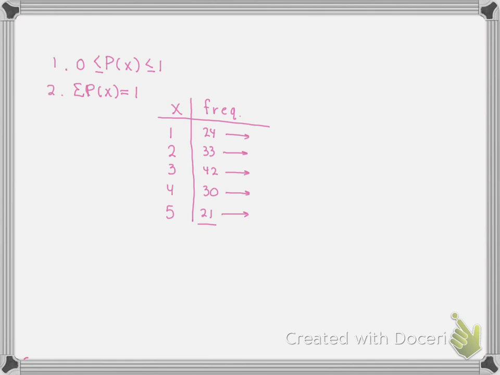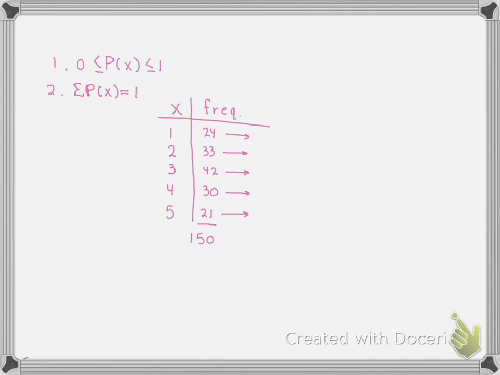That gives us the 150 people that we were told were given this personality test. So that adds up. So what we're going to do is find the relative frequency for each one of these things.